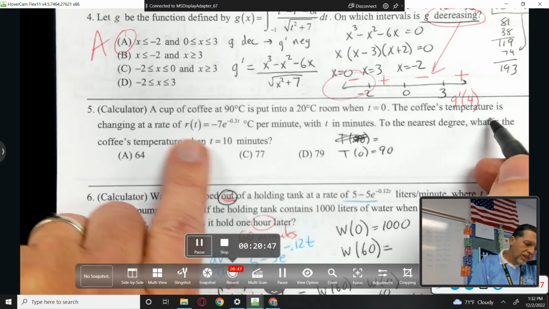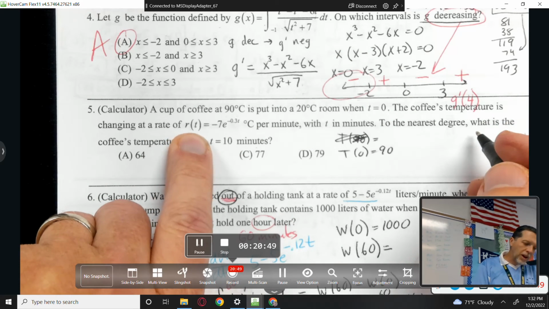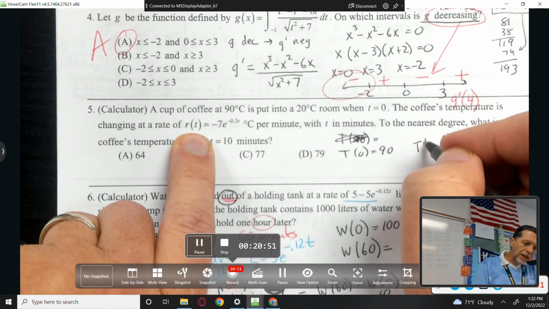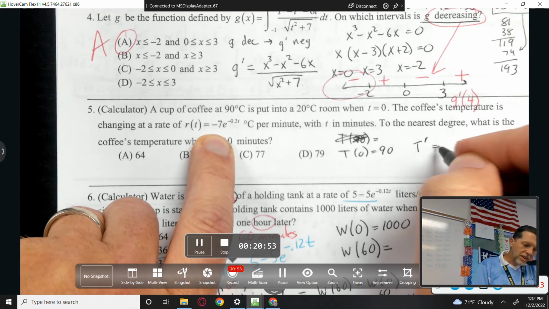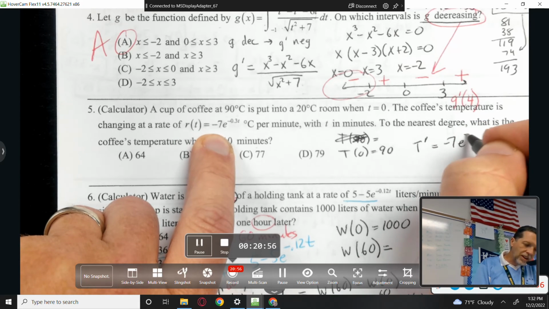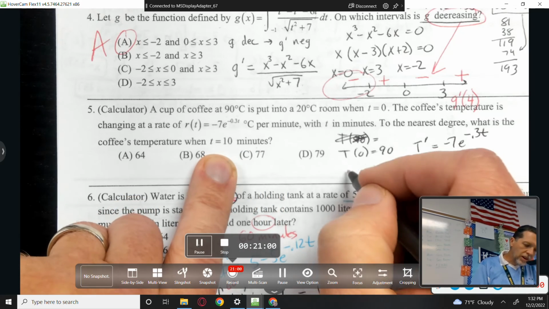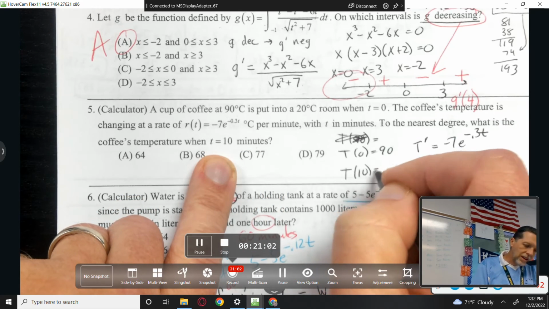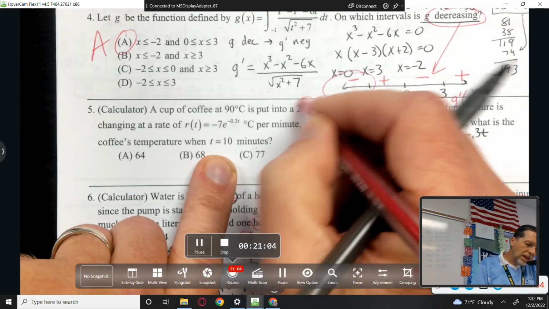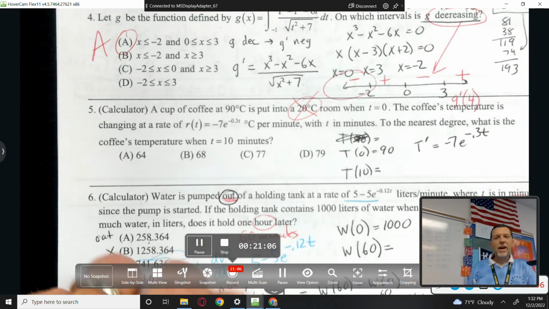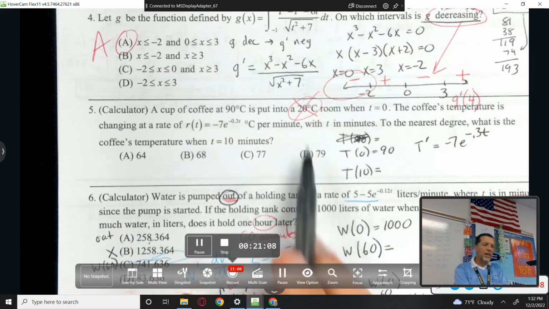The coffee's temperature is changing at a rate, I'm going to relabel that, T prime is negative 7 e to the negative 0.3 t. And we're looking for T at 10. So that 20 didn't matter. I mean, it probably affects the rate, right?